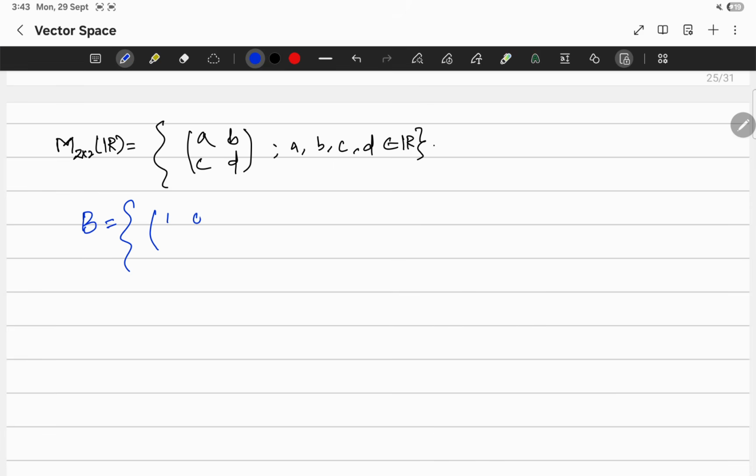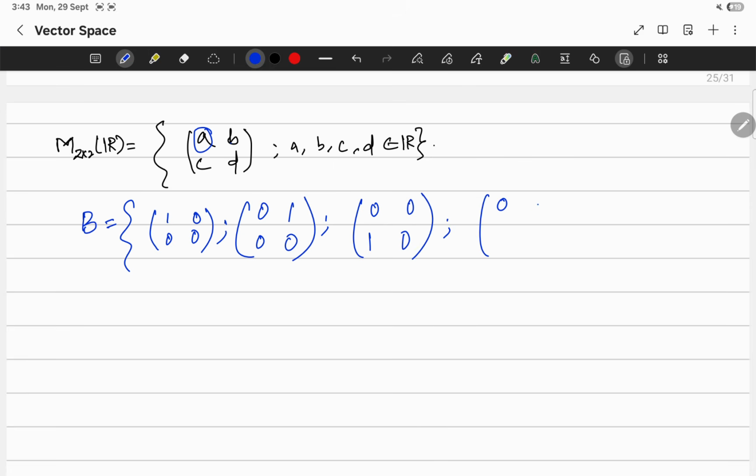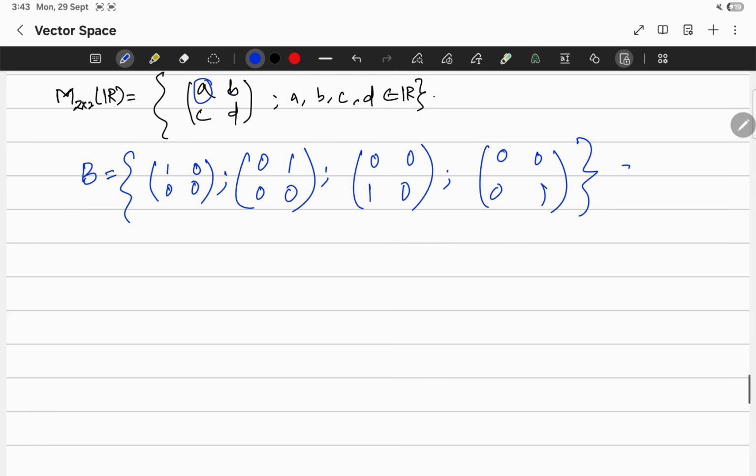We will take [1 0; 0 0] for A, [0 1; 0 0] for B, [0 0; 1 0] for C, and [0 0; 0 1] for the D element. I took these 4 elements from M2R. You can check it is from M2 cross 2, a subset of this.